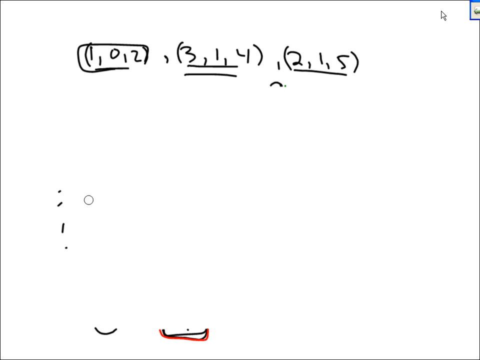That is, you're going to have 1x plus 0y plus 2z plus D equals 0. The next one will be 3x plus y plus 4z plus D equals 0. And then 2x plus y plus 5z plus D equals 0. And then you solve that system of equations, and you'll get A, B, C, and D.